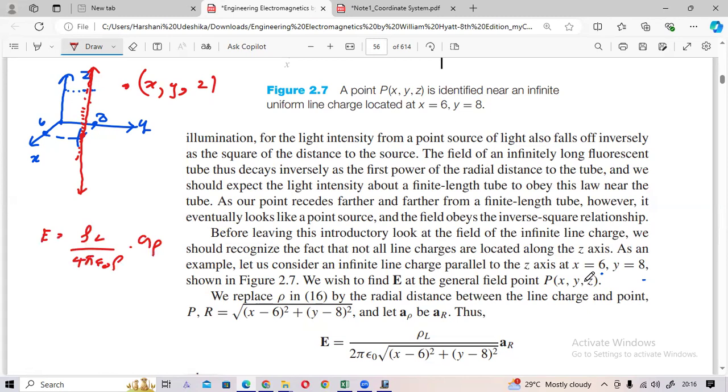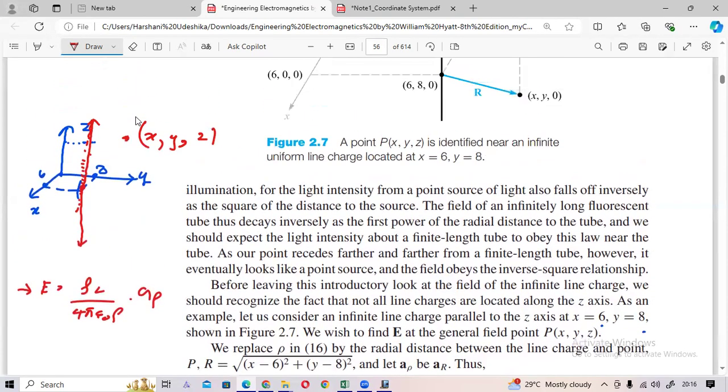This is in spherical, sorry, cylindrical coordinates. Now the X, Y, Zs are given, so that means this is in rectangular coordinates, or Cartesian coordinates.